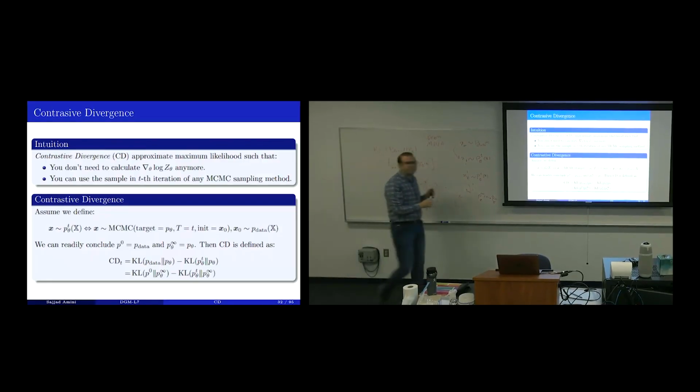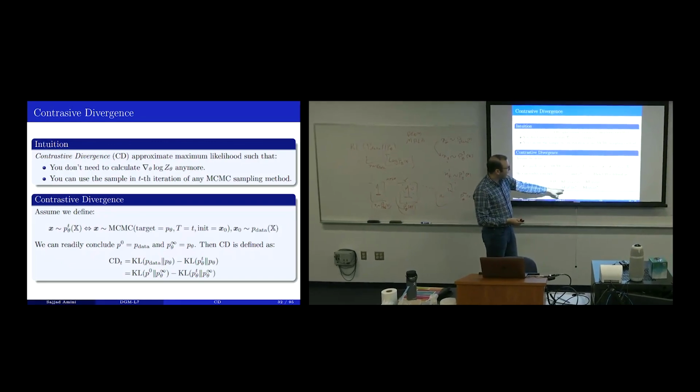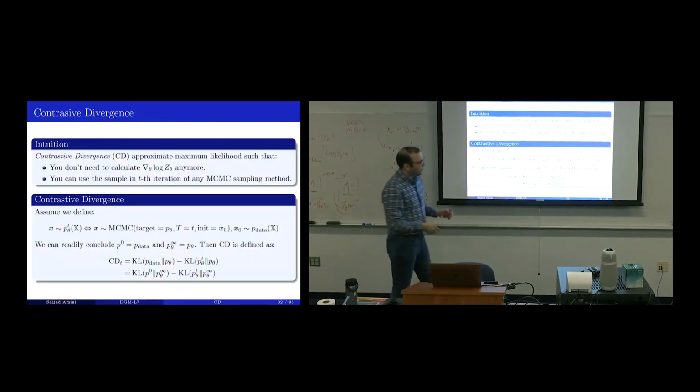They are exactly the same. So in CD, the first one is exactly the previous one minus another KL divergence. The KL divergence between the t-th iteration and the last iteration, because we know that p theta is equal to p theta infinity.